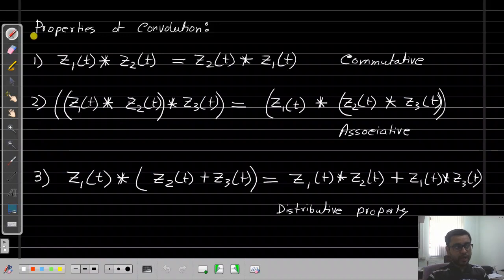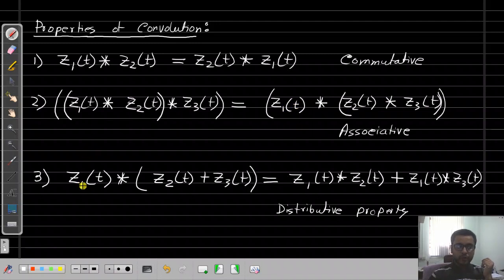Next, we have learned very important properties of convolution. If I have two signals Z1 and Z2, then Z1 star Z2 is the same as Z2 star Z1. You can swap the order. Next, if you have three signals Z1, Z2 and Z3, then whether you first convolve 1 and 2 and then 3, or you do it the other way, 2 and 3 first and then 1, that doesn't matter, it is the same.